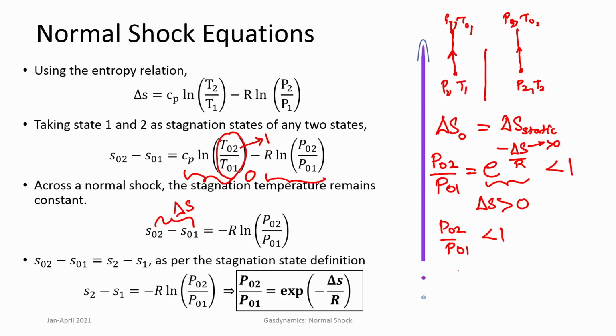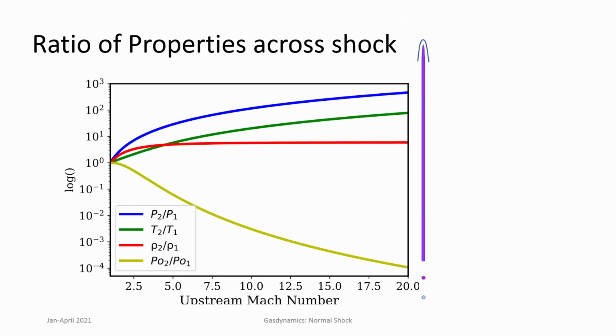The Mach number M2 decreases across the shock, pressure increases across the shock, density increases across the shock, temperature increases across the shock, but T02, that is total temperature, remains the same. P02 decreases downstream of the shock. So this gives us all the relations.